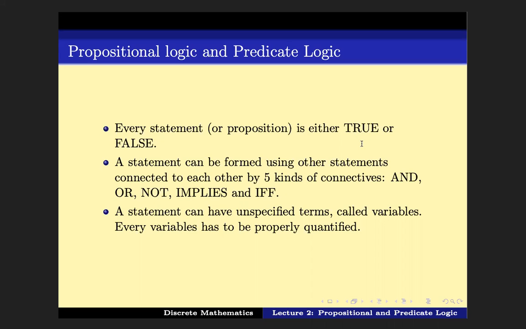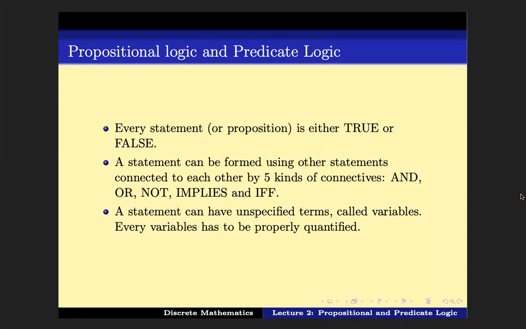Okay, good. So these statements can be composed of certain connectives. They can be and, or, not, implies, if and only if, and so on. There can be a lot of such connectives depending on the language we're talking about. In the English language, some of the connectives might be hidden. Some of them can mean something else.